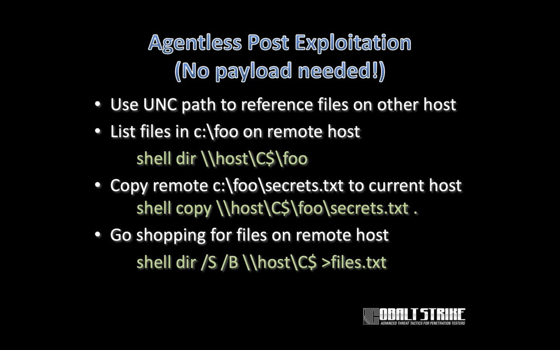And if you want to create a shopping list of files, you can do something called a dir walk to list out all the files and paths on that system, or on a C drive anyways, dump it to a file, and go shopping. So this is the idea of agentless post-exploitation. It's using your administrator rights on a remote system to do things to it without putting a payload there.